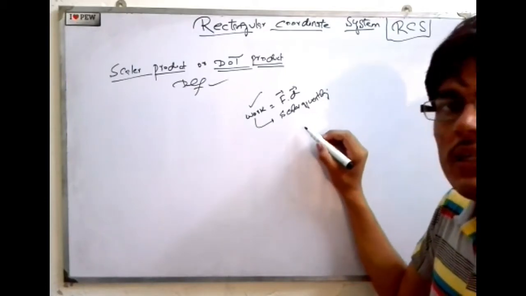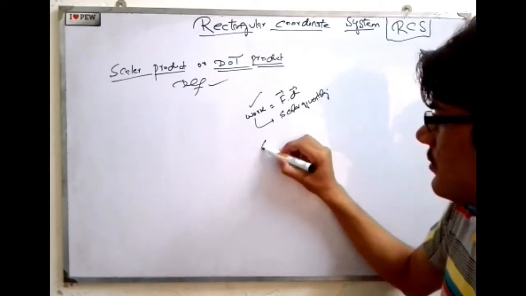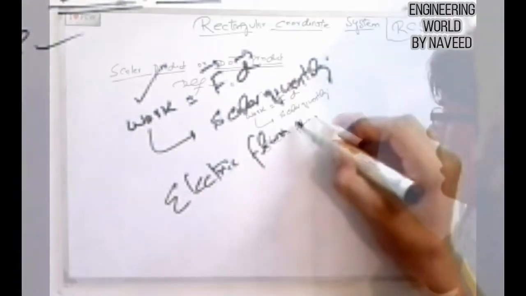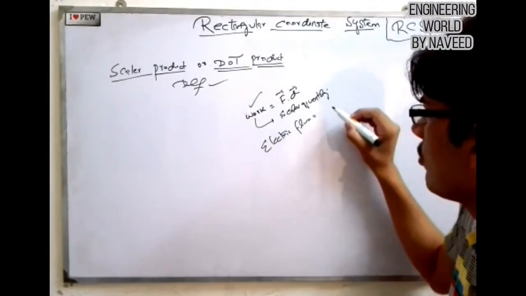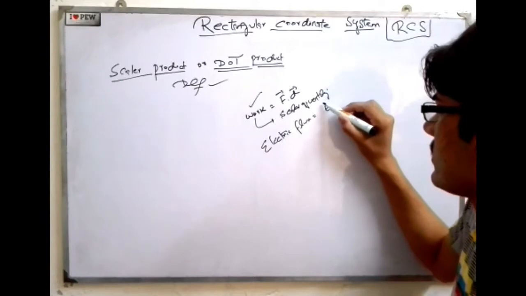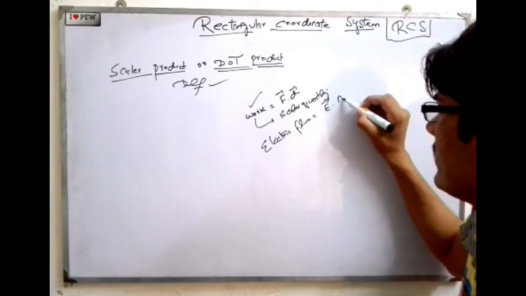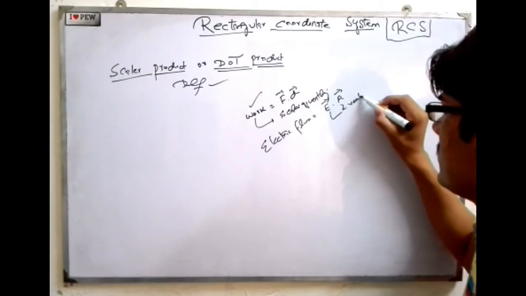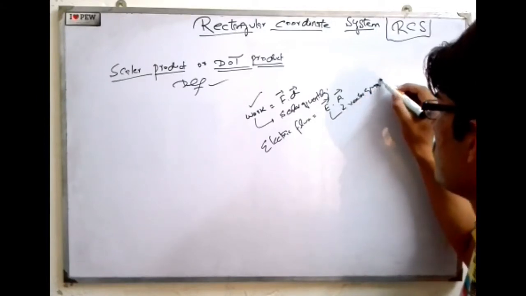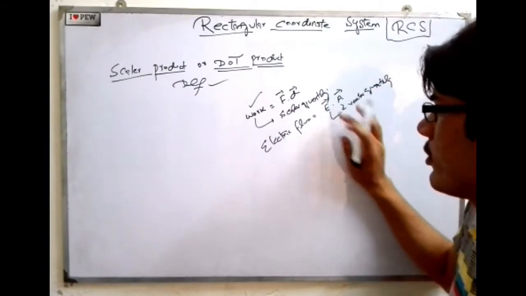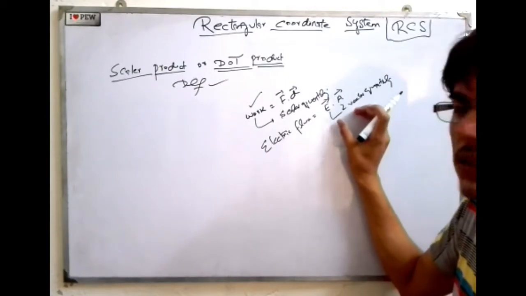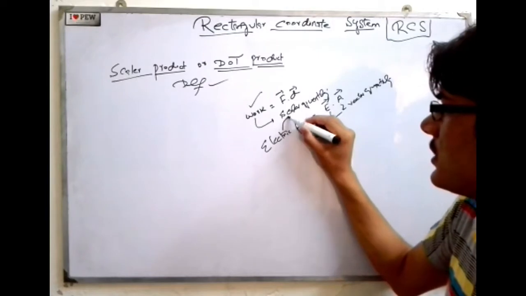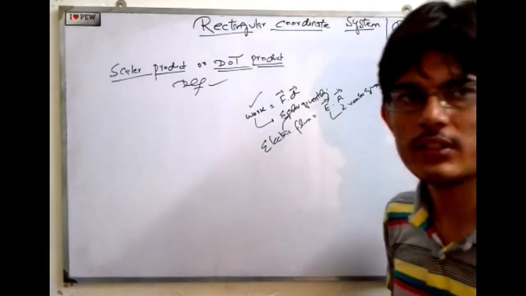Similarly, electric flux is also a scalar quantity because it is the dot product of electric field and area. These two are vector quantities, so when we do the dot product between them, it gives us the electric flux, which is also a scalar quantity.